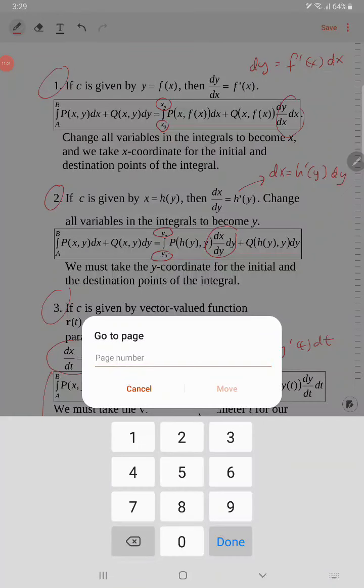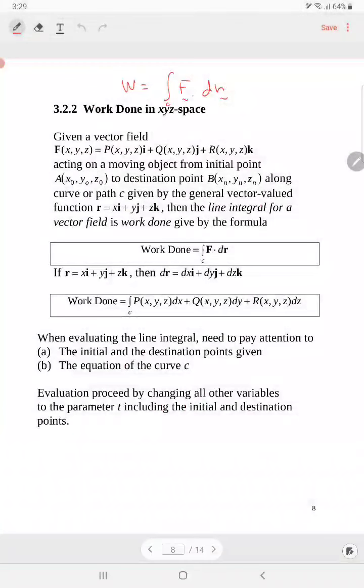But if your curve is in x, y, z space, you have no choice. There's only one choice, which is to change everything in terms of t. So all the x, y, z in P, Q and R, and also dx, dy, and dz, everything must be changed in terms of t. That's the only way of evaluating work in x, y, z space.